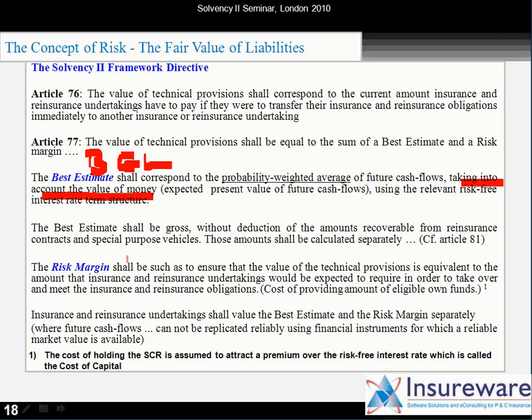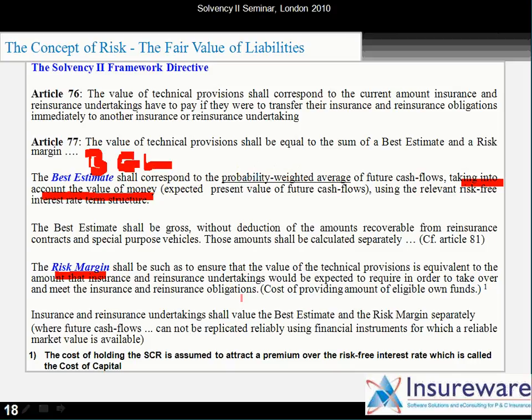Okay, the risk margin. What is the risk margin, which we also call market value margin? It shall be such as to ensure that the value of the technical provisions, incidentally, the technical provision is the best estimate of liability plus the risk margin, is equivalent to the amount that insurance and reinsurance undertakings would be expected to require in order to take over and meet the insurance and reinsurance obligations.